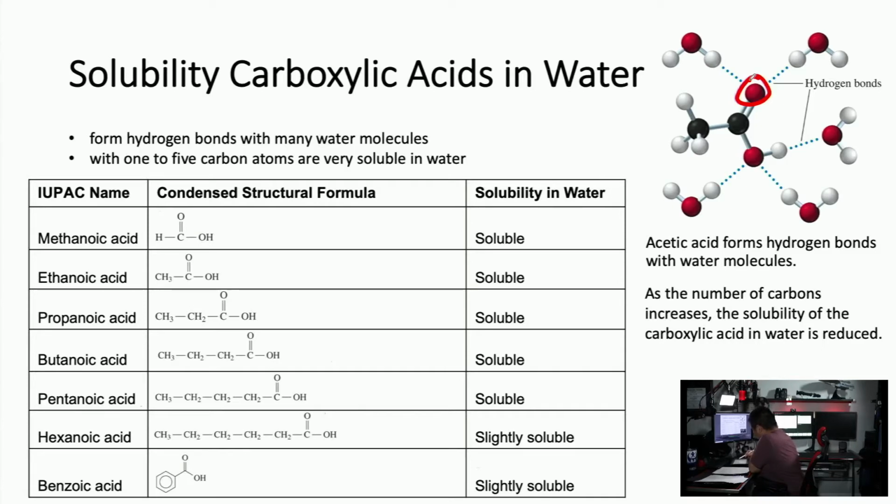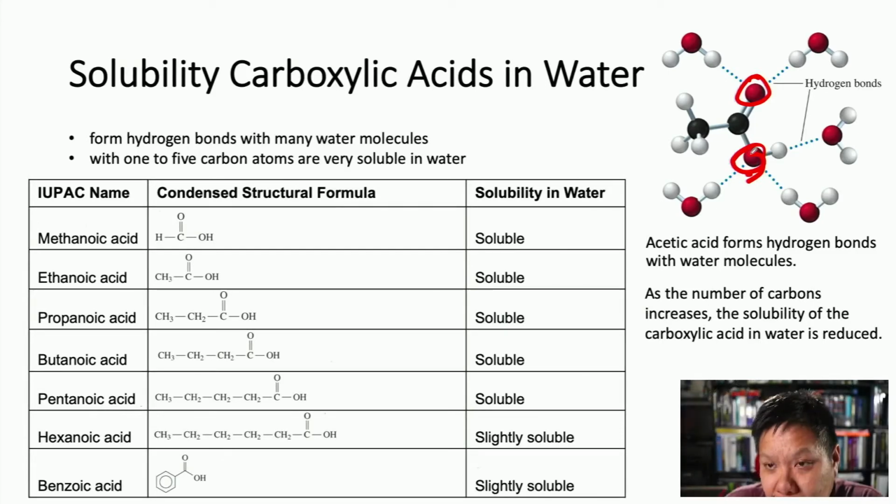On the carboxylic acid side, the oxygen is the negative end, and it can form hydrogen bonds with the partially positive hydrogen atoms of the water, just like the carbonyl can, but it has the added hydrogen on the hydroxyl group that's partially positive and can also hydrogen bond with the oxygen of the water, which makes it super soluble.